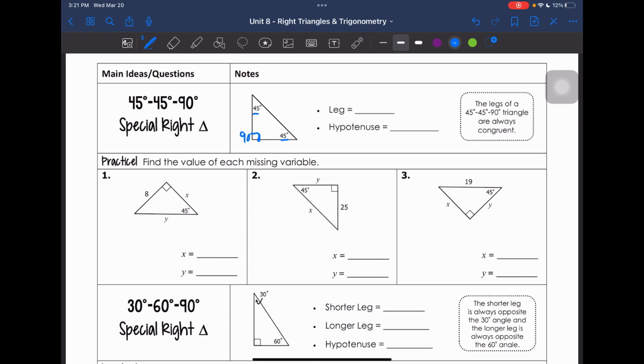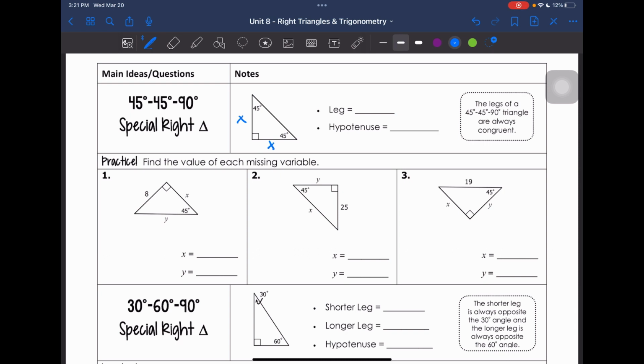So remember that the sides like here are called legs, and we're going to learn about a special pattern that applies to 45, 45, 90 triangles. The leg, we can label that as x because they're going to be the same length.